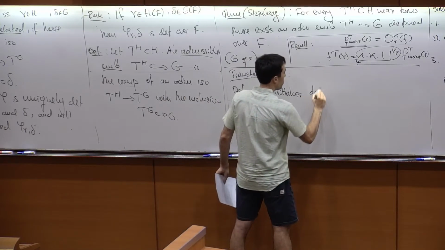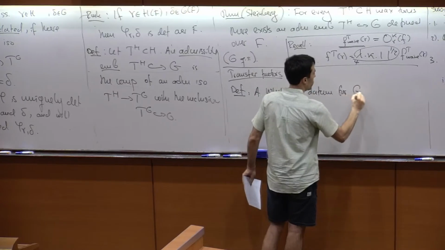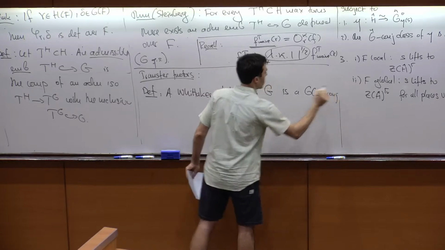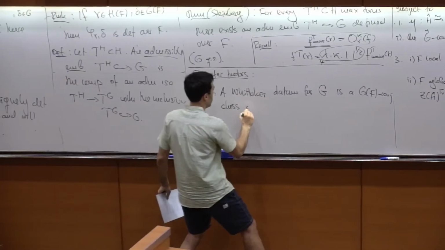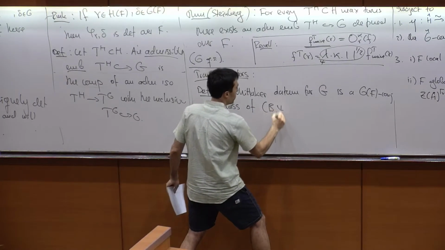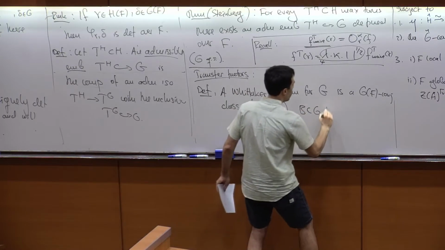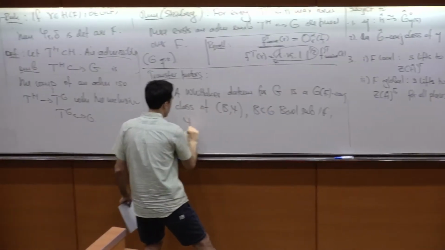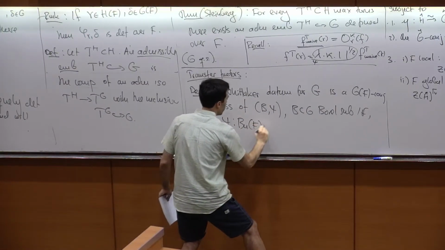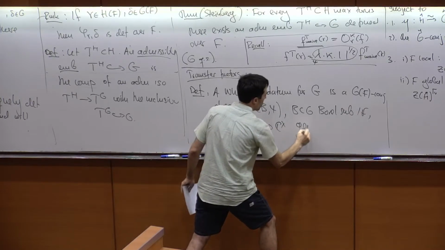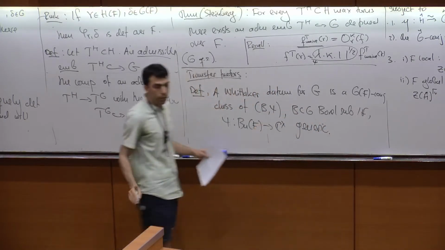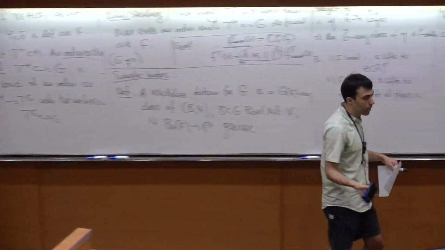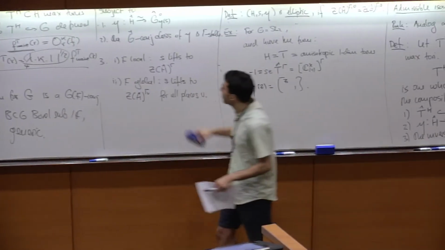So a Whittaker datum for G is a G(F) conjugacy class of a pair (B, psi), where B in G is a Borel subgroup over F, and psi is a character which satisfies a certain genericity condition, which is easily stated verbally. Its restriction to any simple relative root subgroup is supposed to be non-trivial.